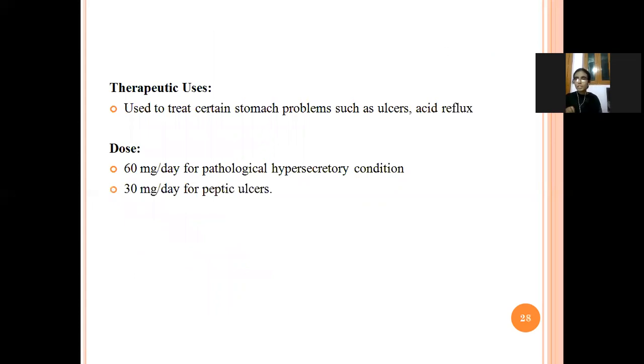Next uses, it is used to treat certain ulcers, and also it is used to reduce the acid in the stomach. And dose 60 mg per day for the hypersecretory condition, means in case the acid is released more in the stomach, for that condition 60 mg per day we have to take. For the peptic ulcers, we have to take 30 mg per day.